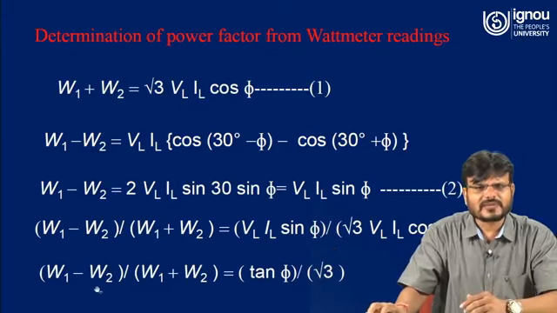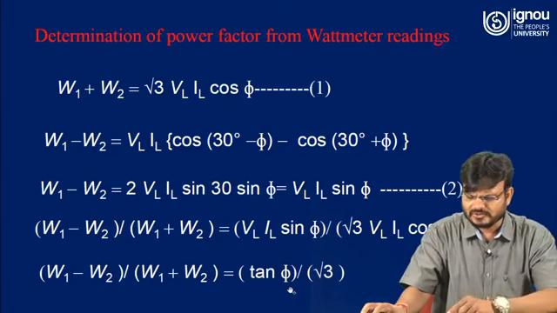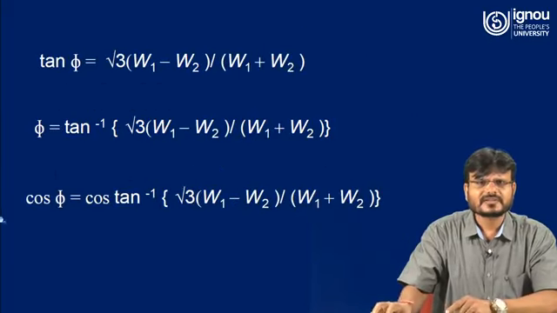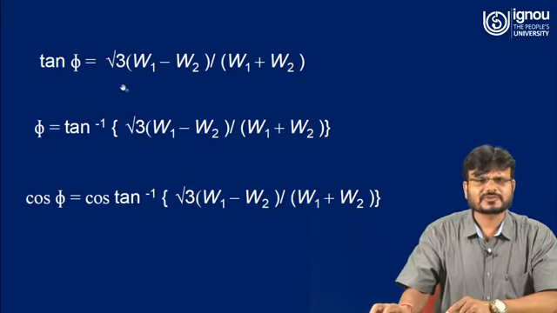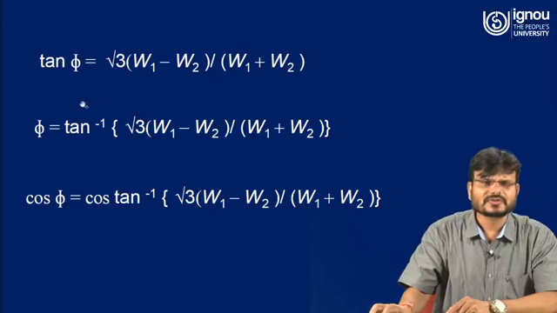Because VL IL is common in numerator and denominator, it will be cancelled out, and sin phi upon cos phi is nothing but tan phi. So (W1 minus W2) upon (W1 plus W2) is equal to tan phi upon root 3. So tan phi can be written as root 3 (W1 minus W2) upon (W1 plus W2).